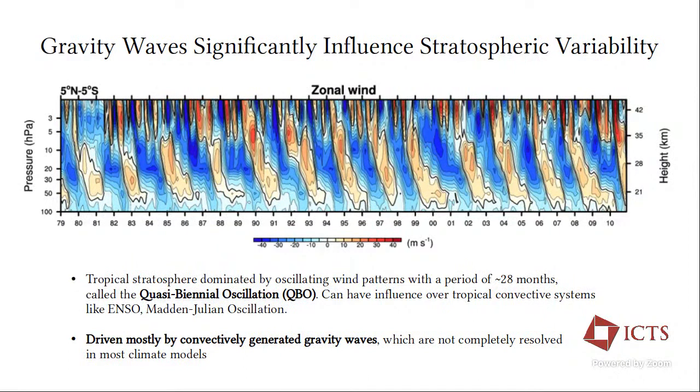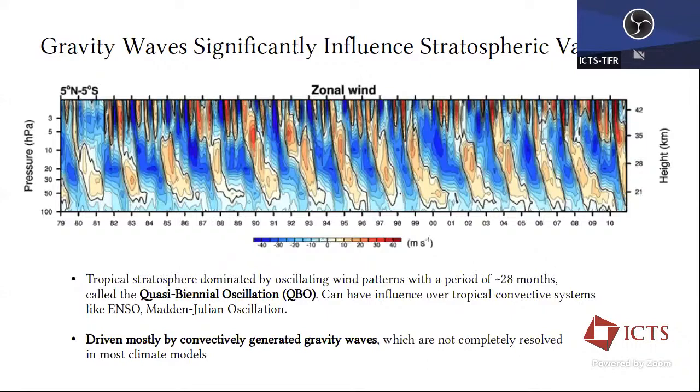And they can go from as strong of an easterly jet as -40 meters per second to a westerly jet of up to 40 meters per second. And these propagate from the upper stratosphere down to the lower stratosphere. And if you look at the period, these usually have a period of roughly 28 months.